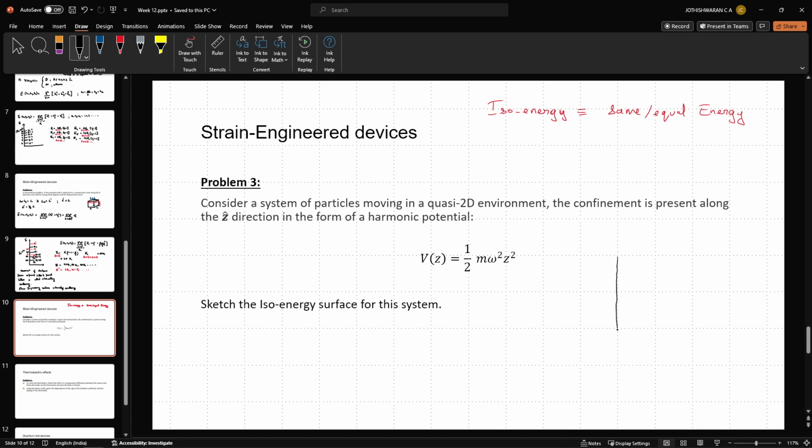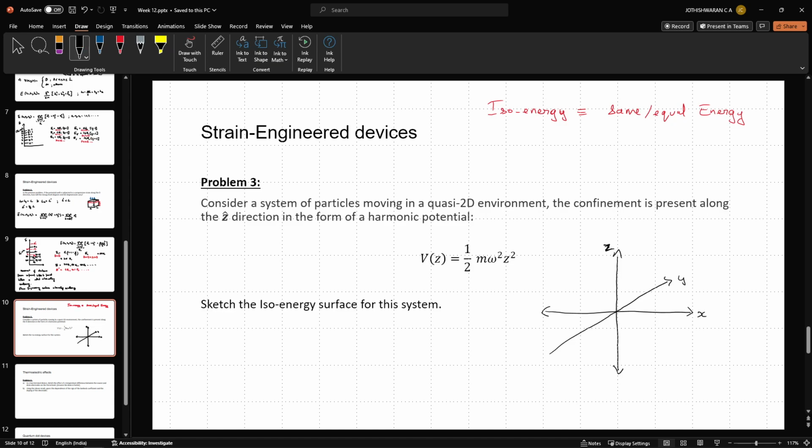So if we have this kind of, now what is mentioned is, so this is x, y, and z.